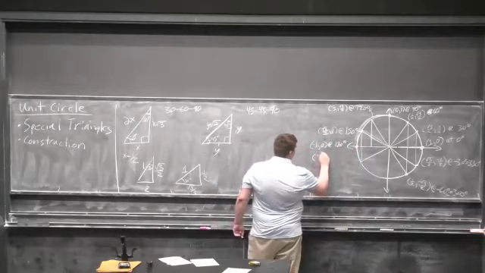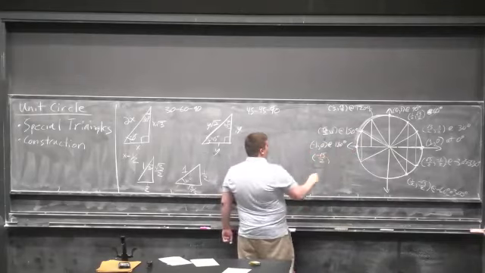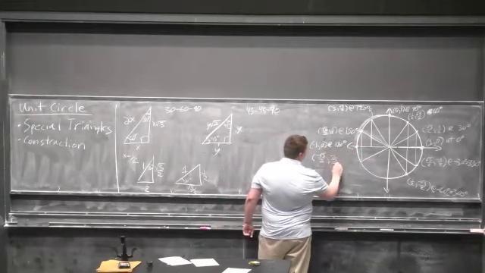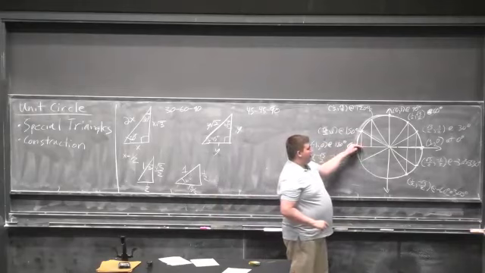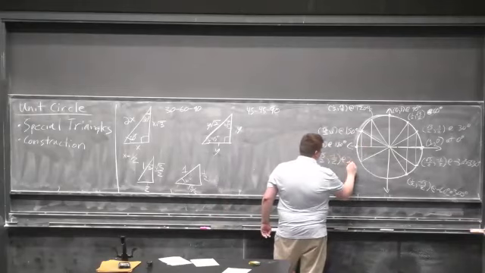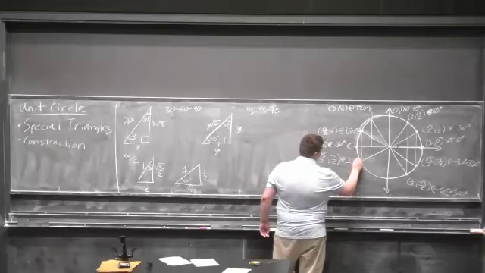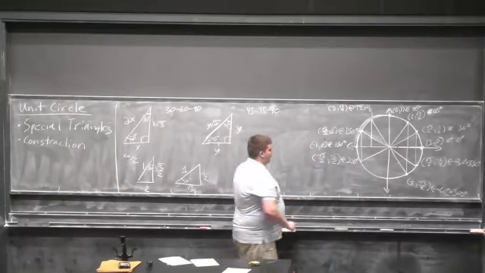So we're going to have negative square root 3/2. That doesn't change. But now we have a -1/2. And this is at 180 plus another 30. So we're going to say that this is 210 degrees. That's this point here.